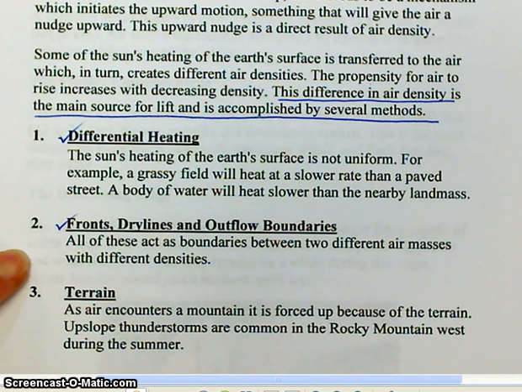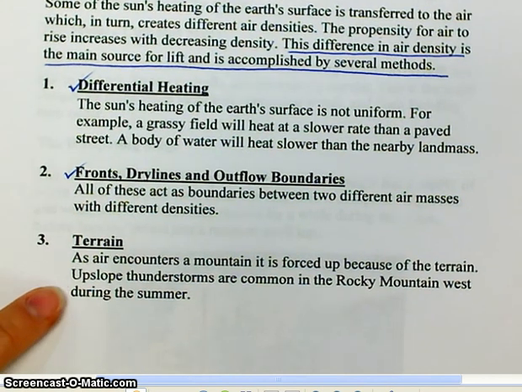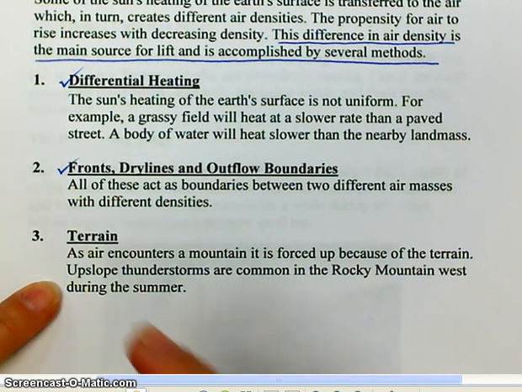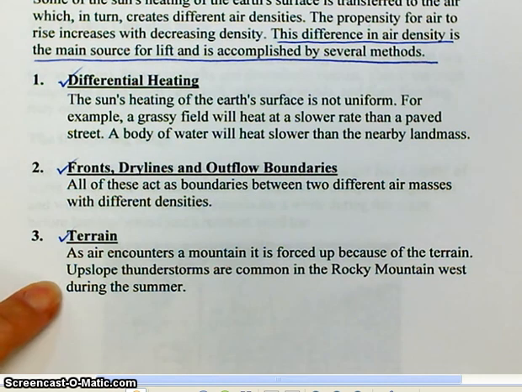Boundary lines, such as fronts, dry lines, outflow boundaries. All of these act as boundaries between different air masses. And when air masses interact, the less dense one is typically going to be forced upward. Also, you can have lifting due to terrain, meaning the shape of the land.